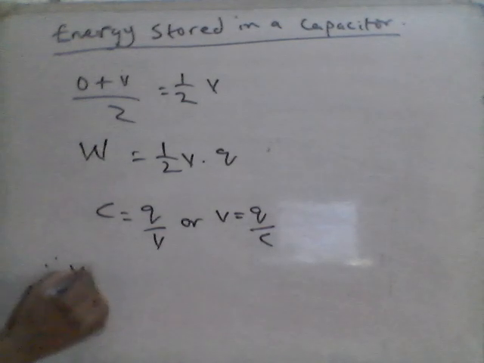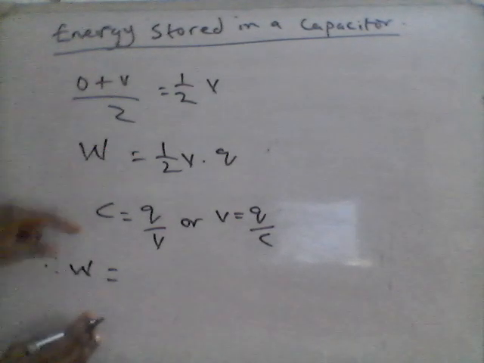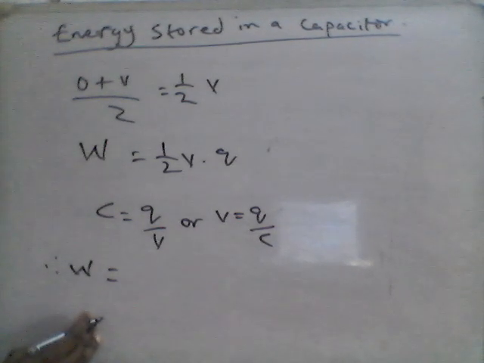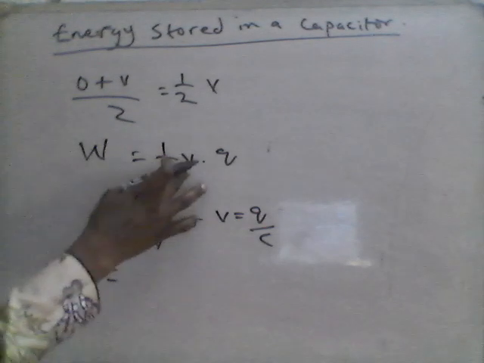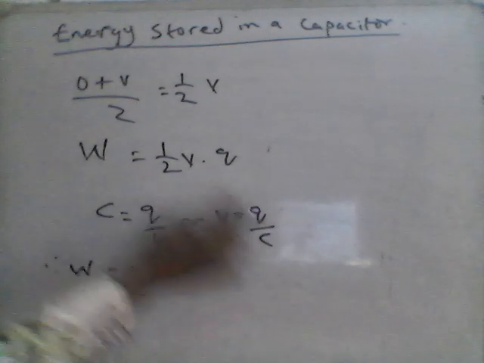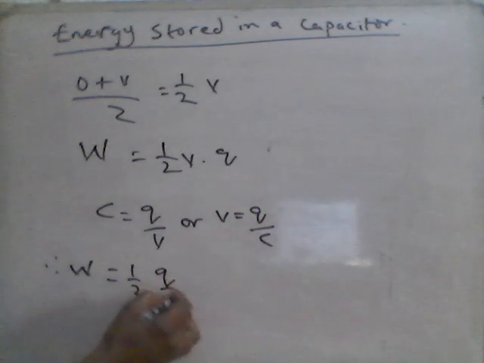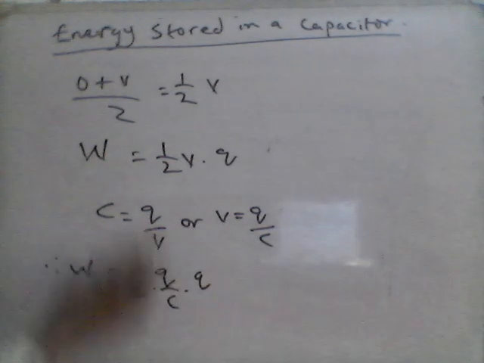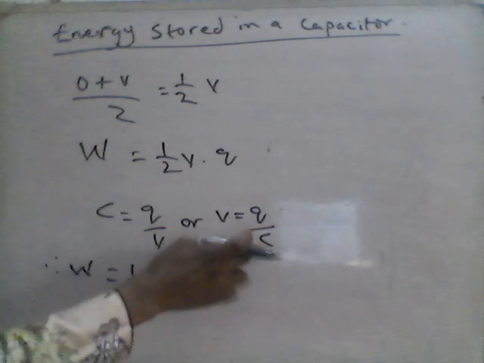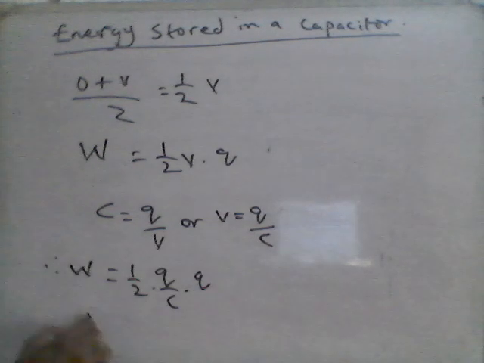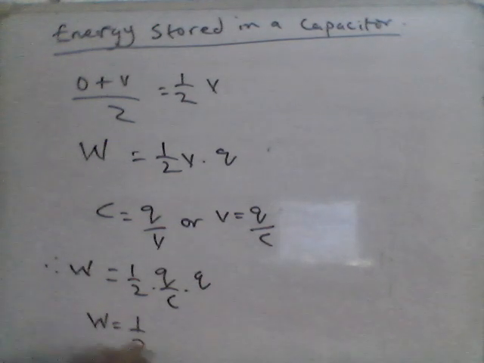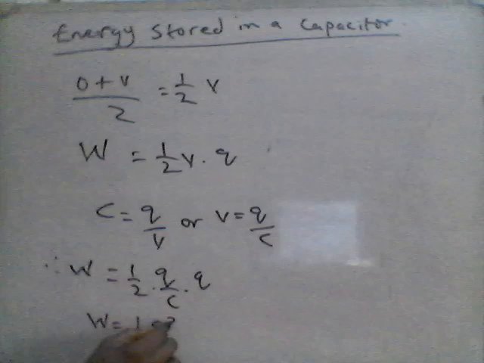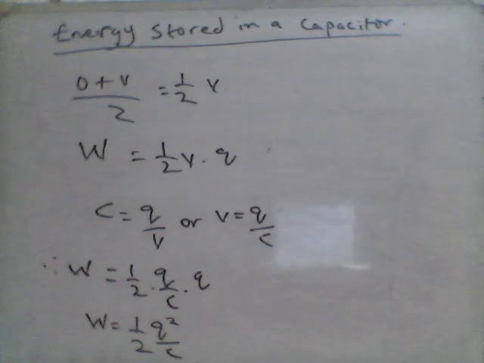Therefore, W equals 1 over 2, this V now becomes Q over C, times Q. So I am writing this in terms of Q. So W is equal to 1 over 2 Q squared over C. So this is a way of expressing the work done.